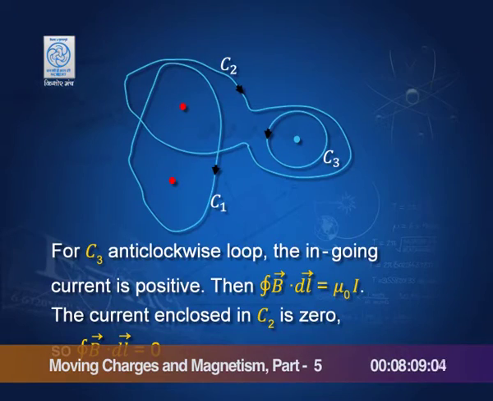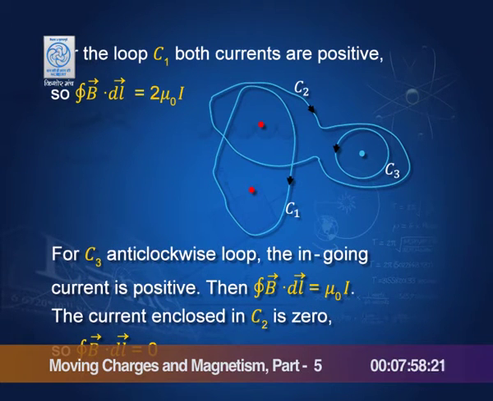Therefore, for loop C3, the integral of B dot dl is equal to mu 0 times I. For the loop C1, this loop is clockwise, and therefore, the currents coming out of the plane are positive currents. Therefore, B dot dl is 2 mu 0 I, because there are 2 equal currents.